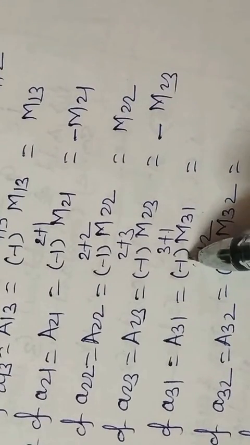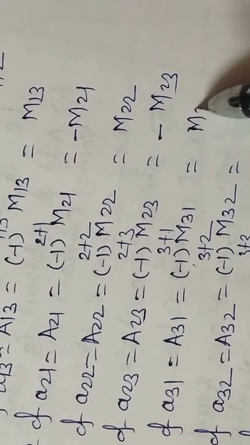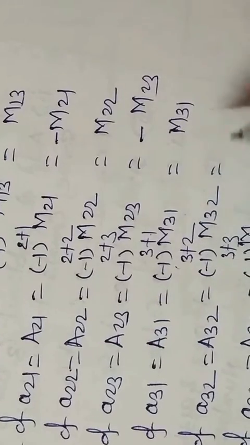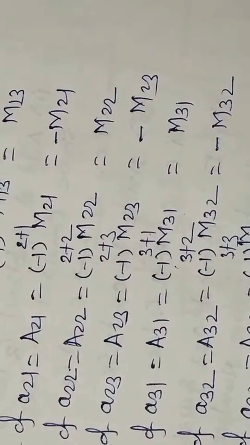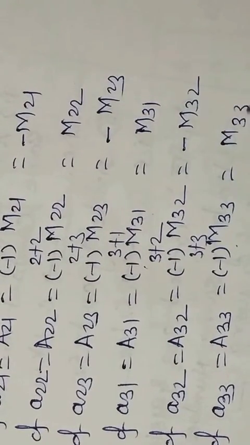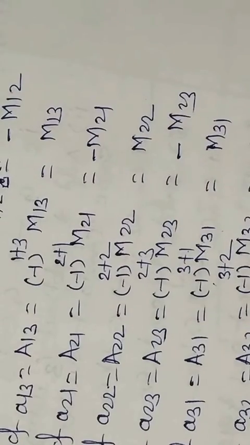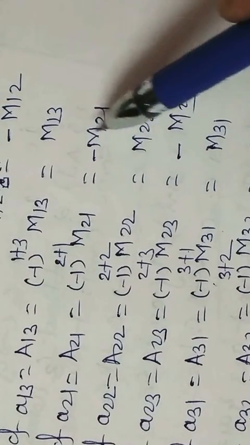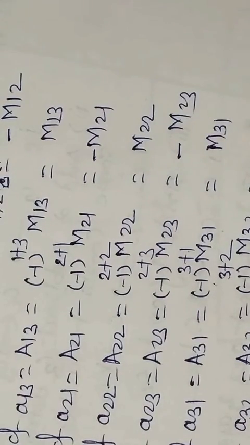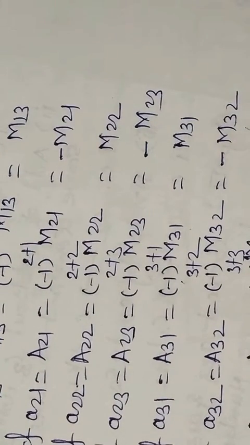Then (-1) to the power 3 plus 1, that is 4, plus M31. 3 plus 2 is 5, an odd number, minus M32, and last M33, 3 plus 3 is 6, an even number, so plus M33. So check that the signs are: first plus, second minus, third plus, then minus plus minus, plus minus plus. This is the sequence. You have to know about that sequence.